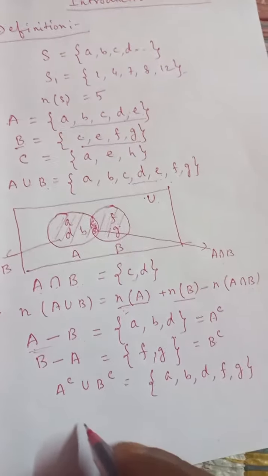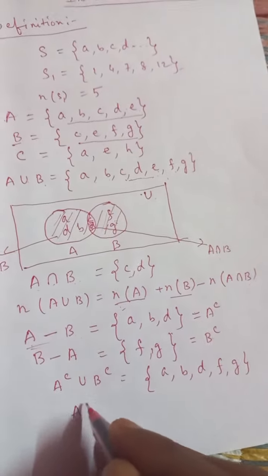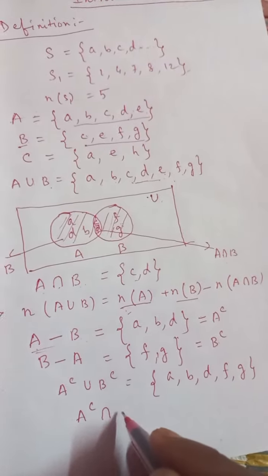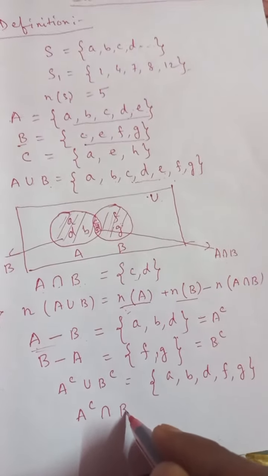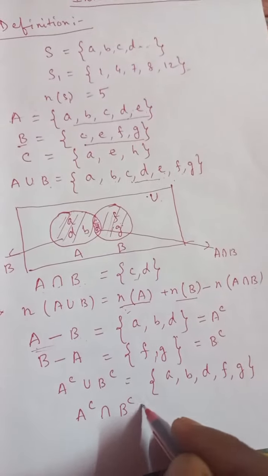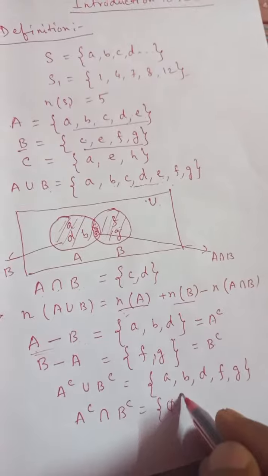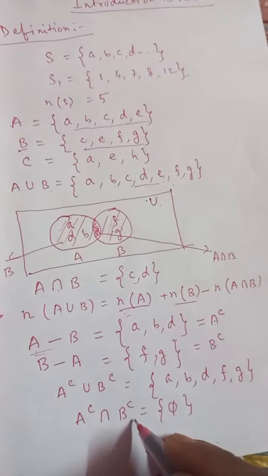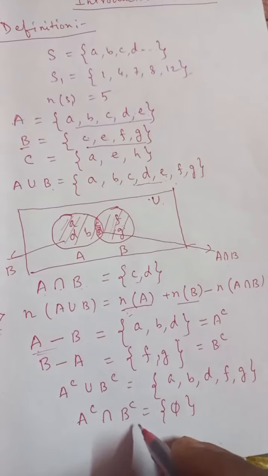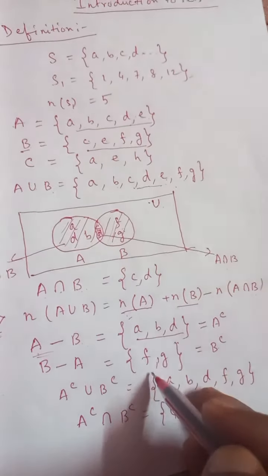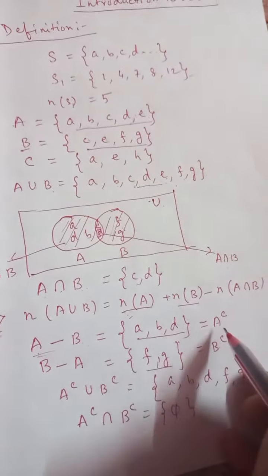What is the null set? Null set means there will be no element in this set; just the null element can be in the set and no other element. So in the intersection we will not get any element which belongs to both A complement and B complement.